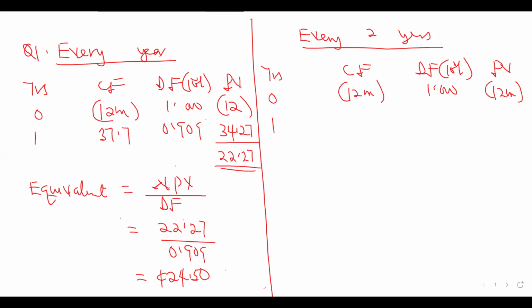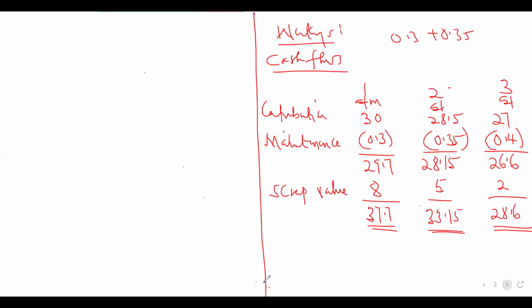If we are not disposing the machine in year 1, we are going to be producing in that particular year, isn't it? Yes. And that will be giving us a cash inflow of 29.7. Since we are producing, there's no need for us to bring the maintenance cost, because it has already been taken away from that figure.